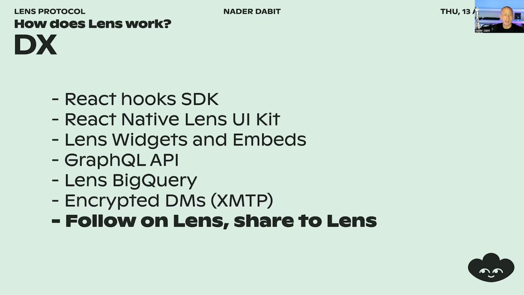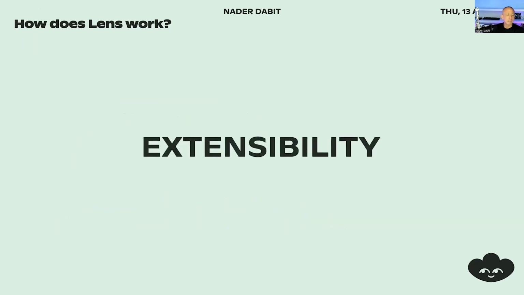So one of the things about Lens that is unique, I think, is this idea of extensibility. So imagine if you had Twitter and you wanted to add a custom feature that you wanted, but it wasn't there. Well, basically, there's nothing you can do, right? You just kind of like, oh, that sucks. You might tweet about it.